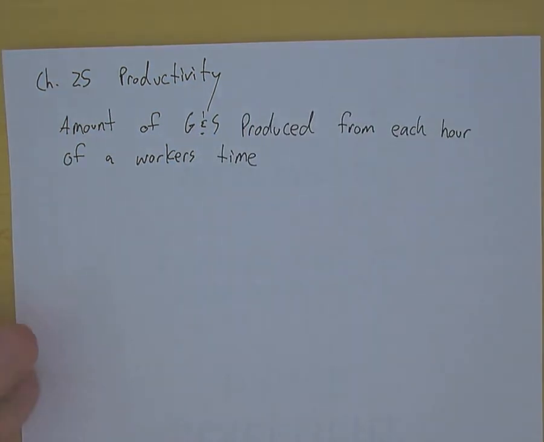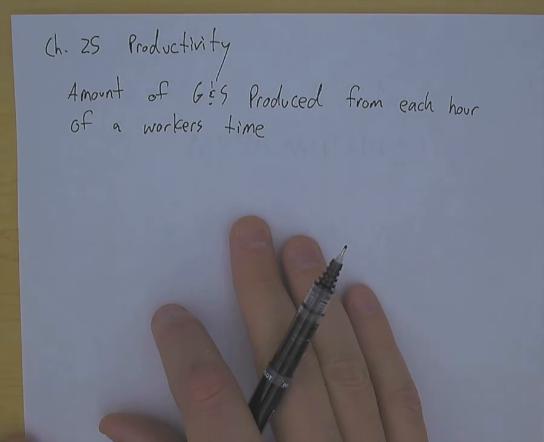Productivity is like the golden goose, the golden egg, I should say, of economics. If we want to make people wealthier and more advanced, you need to increase productivity. This is the holy grail of economics. Our whole goal in development is to increase productivity. And there's a way we can measure this and show if a society is productive or not.